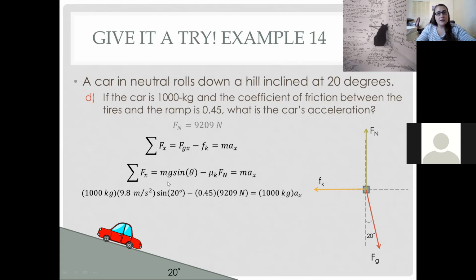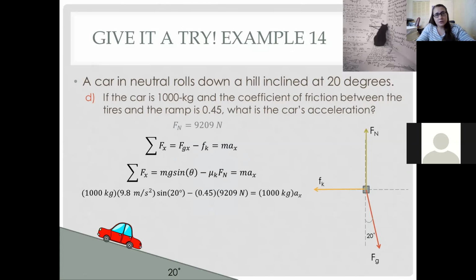The way we calculate the force of gravity is always mass times g. Mass times 9.8 meters per second squared. That's just how you do force of gravity. So when we're thinking about this as a right triangle, trying to find that x component, that means that the magnitude of our force of gravity is the hypotenuse of our triangle.